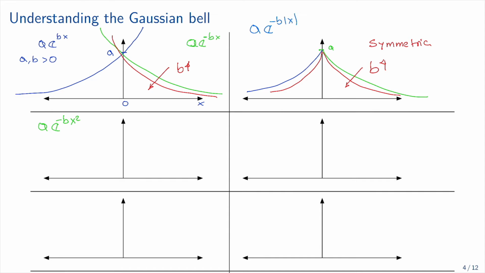So the net effect is this. So again, increasing b, this is increasing b, and this point of cut is the same, it is a.